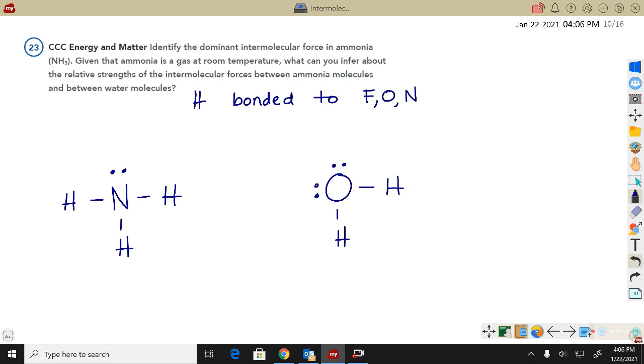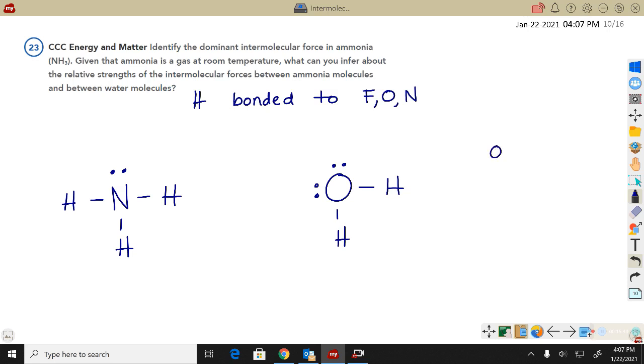But now it becomes a matter of electronegativity. If I'm looking at the periodic table and I know fluorine is the winner, fluorine is the ultimate highest electronegativity, well, the next door is oxygen.